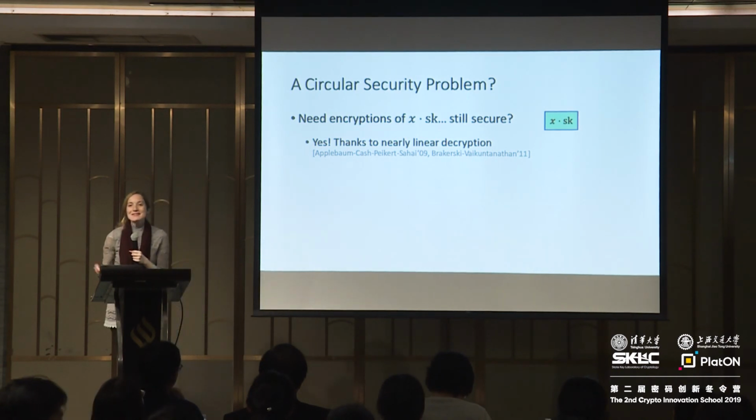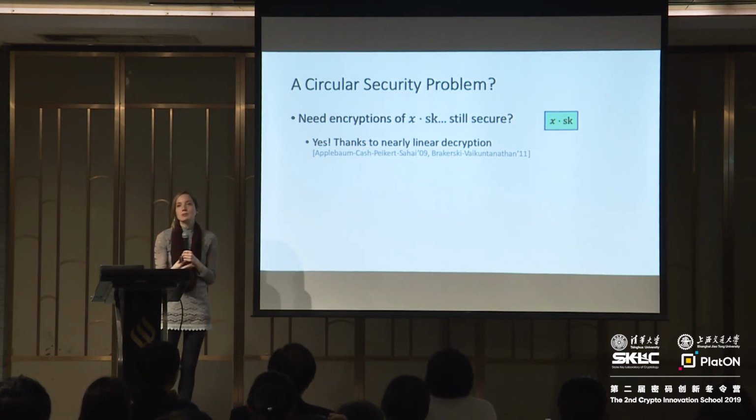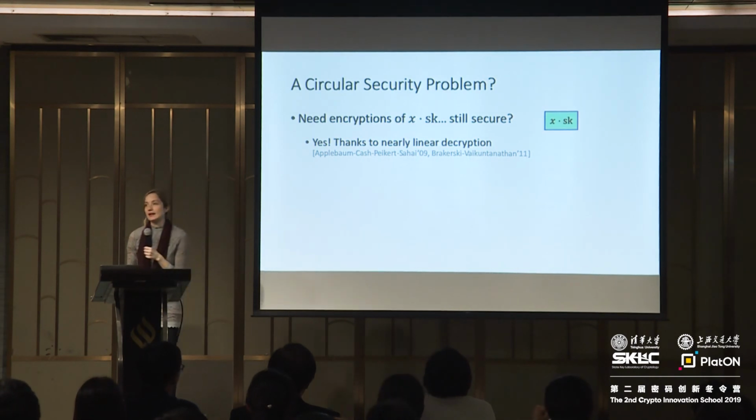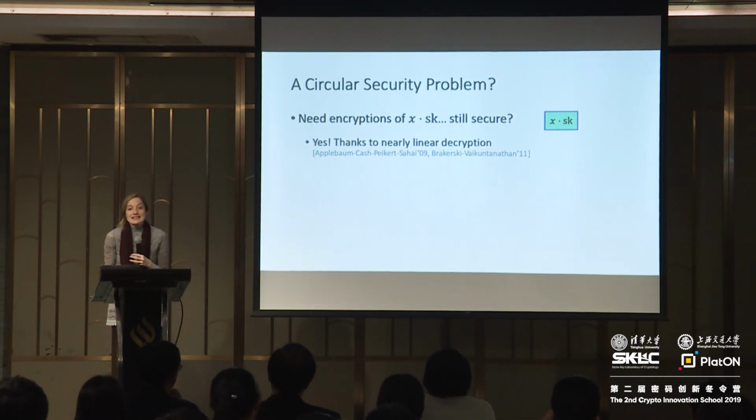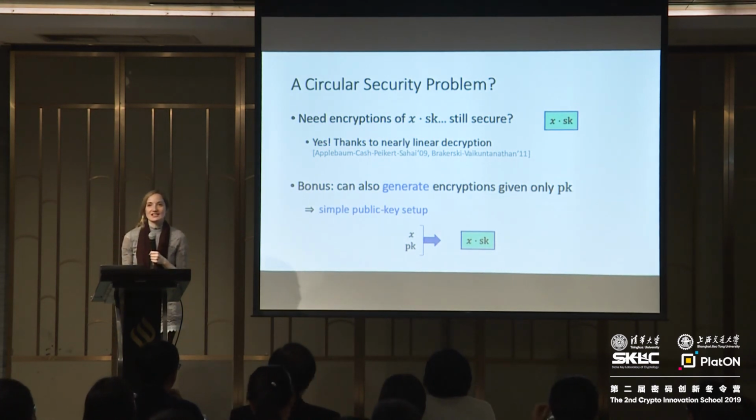Okay? And even something a little bit better: if you look into how this is proved in these works, it is done basically by showing that if you just give me the public key, I can anyway generate something that looks exactly like an encryption of this secret key. And this is not only a proof technique, we can actually use it.